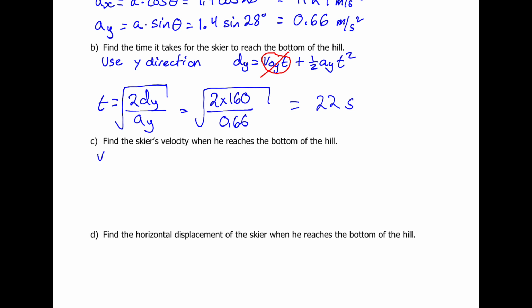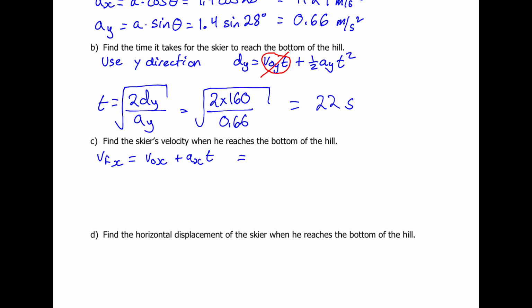I can use VF in the x, we'll start with x, is just equal to V naught in the x direction plus AX and time. And the V naught term is 0, so I don't care about that.